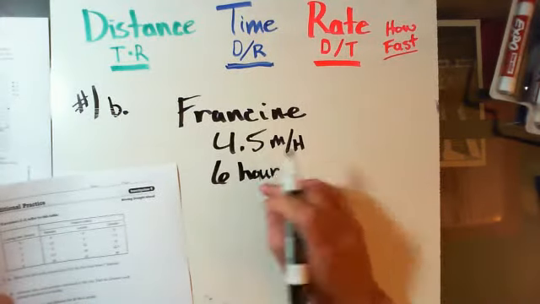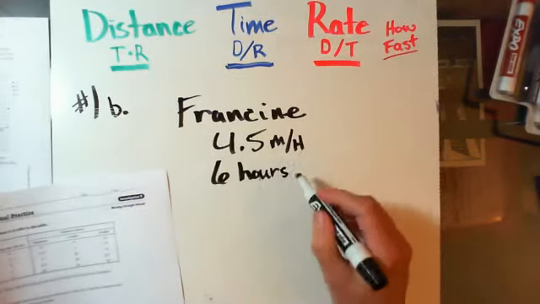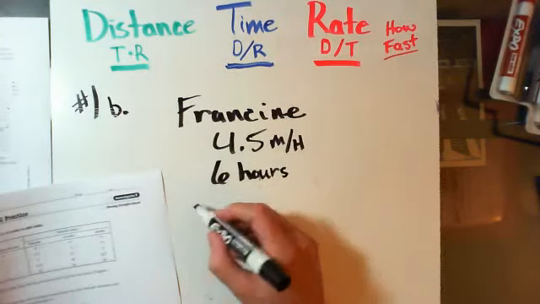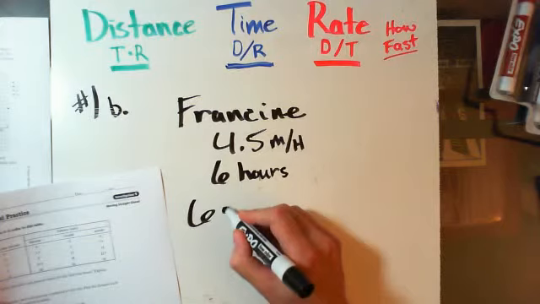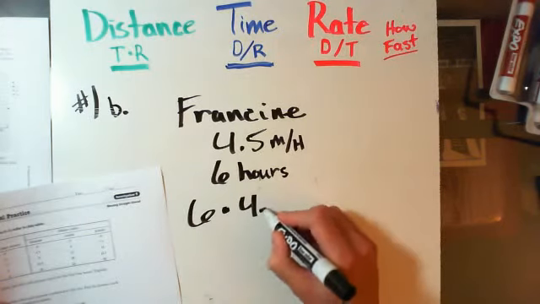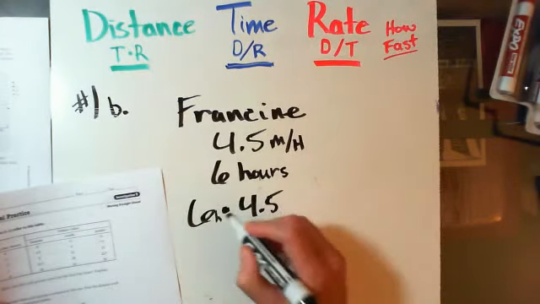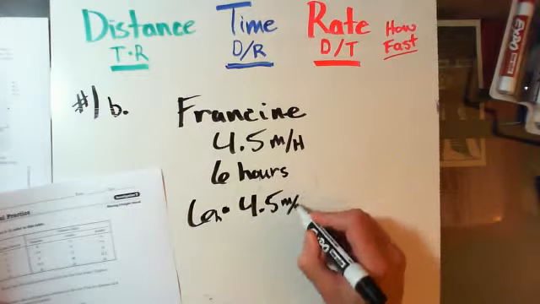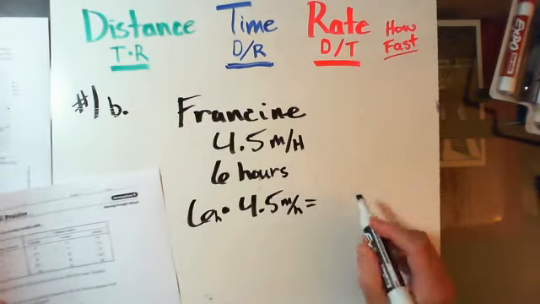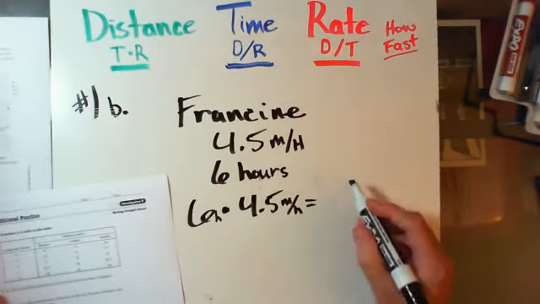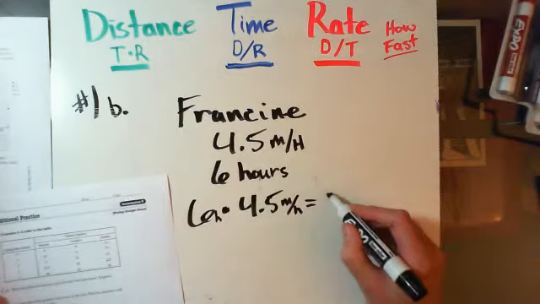6 hours, and multiply it by the rate. So we go 6 times 4.5, that's hours, and this is miles per hour, and we would get 27 miles, I think.